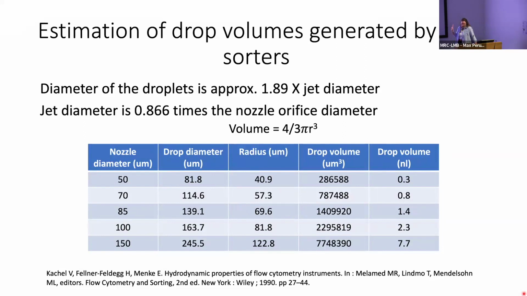This is assuming that a drop is a sphere, so it's not exactly the case, but this is probably a very close approximation. And you can see that as I mentioned earlier, as we have a larger nozzle and a lower frequency, our drop volumes start to go up quite considerably. So this may be a consideration for those of you that want to have very low volumes generated for downstream sequencing, for example, or even cryo-EM, so purification for cryo-EM samples.